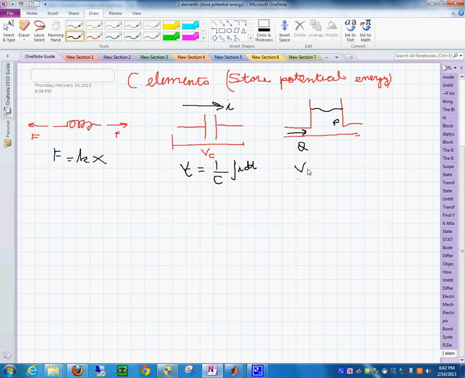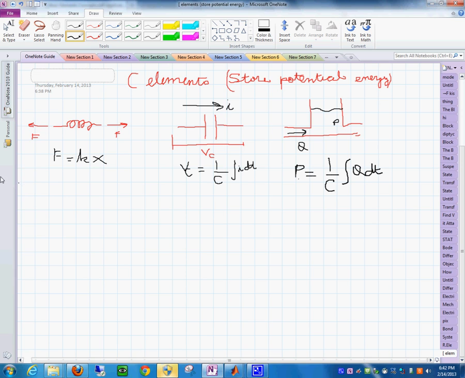Voltage. I'm sorry, I meant pressure. I am misspeaking here. So the pressure is going to be 1 over C, the hydraulic C, the integral of Q dt.